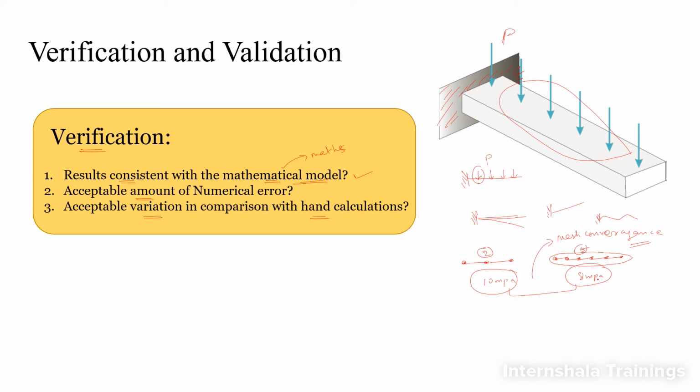At some stage we will get consistent results without much variation between two different mesh sizes. Then we can say the mesh has converged. This is one example for the second step, which is checking whether there is an acceptable amount of numerical error in the verification phase or not.